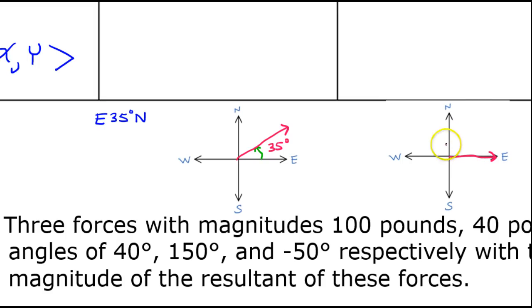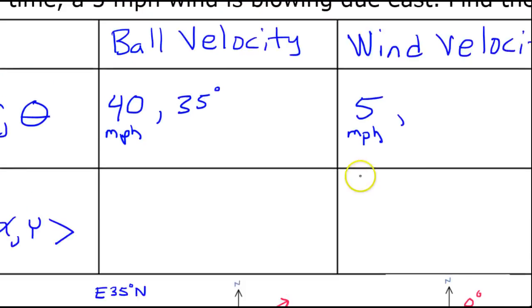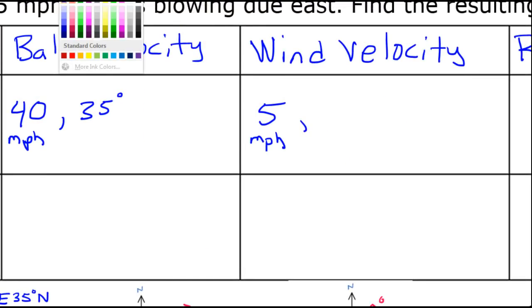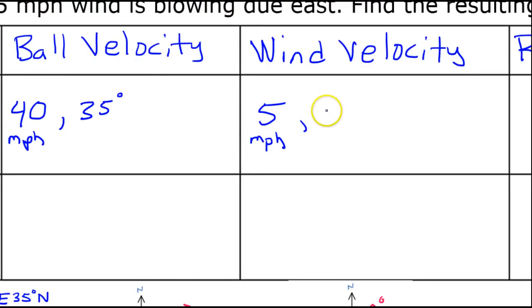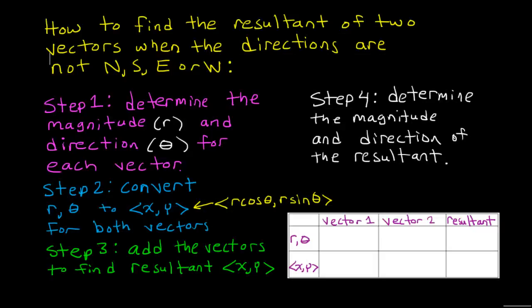So theta is simply 0 degrees here. All right, so I'll just record that, magnitude of 5. This direction is 0 degrees. So with that, we have completed step 1. We have determined the magnitude and direction for each vector.